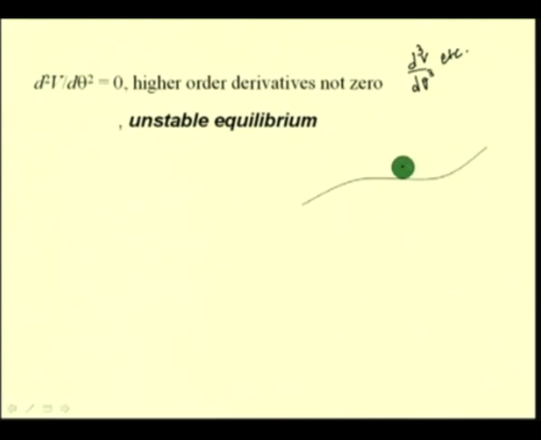We see that for perturbations which are on this side, for certain virtual displacement, say over here, the potential energy increases, whereas for other kinds of virtual displacements the potential energy decreases.